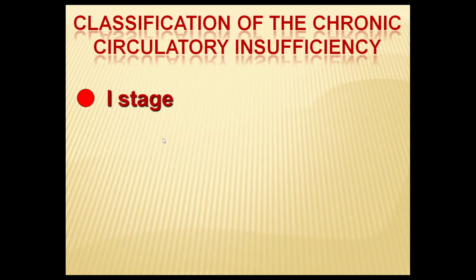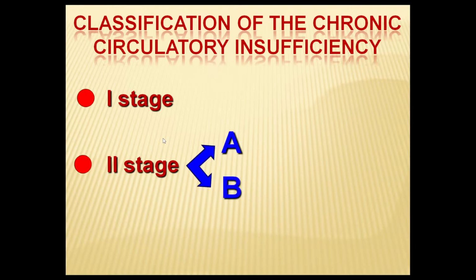First, the initial stage, invisible, compensated, which may be revealed only with special examination. Second stage, subcompensated, visible. The organism cannot solve the problem independently. And for the heart, we distinguish 2 types of second stage, A and B.